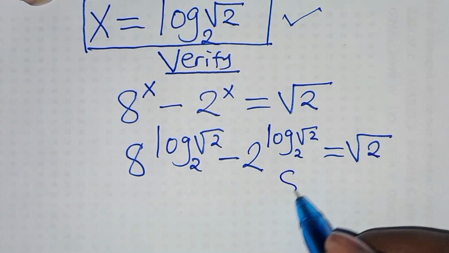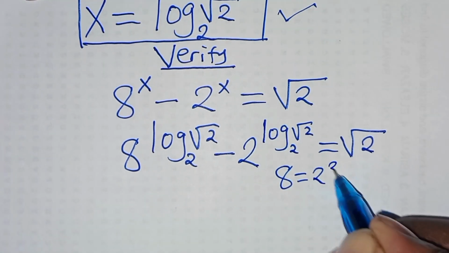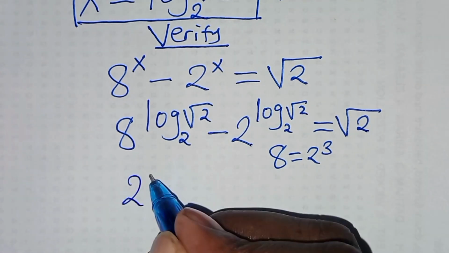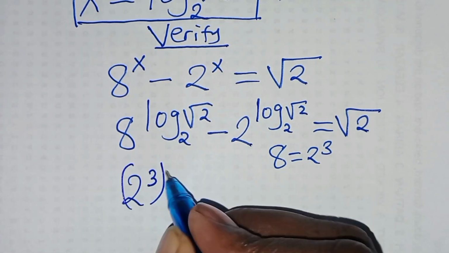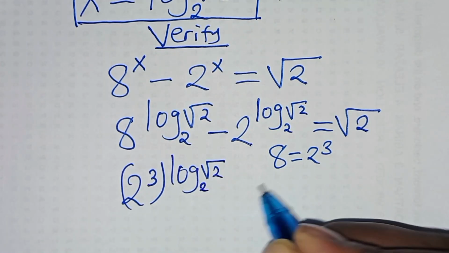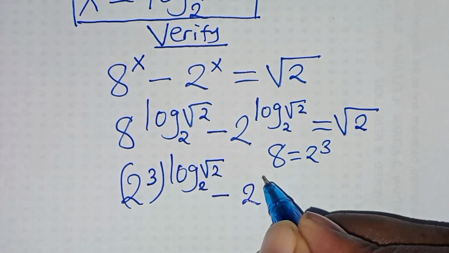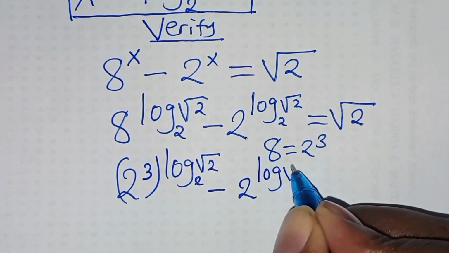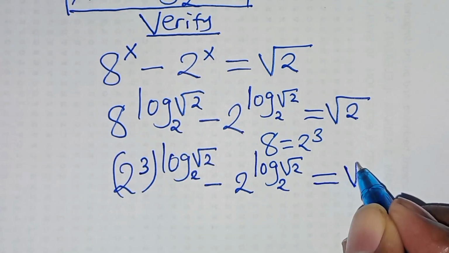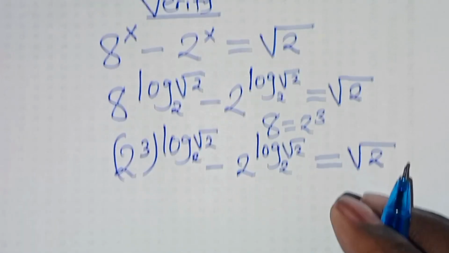Now we can express 8 as 2 to power 3. So here we have 2 to power 3 multiplied by log square root of 2 to base 2, then subtract 2 raised to power log square root of 2 to base 2. This should give us a value of square root of 2.